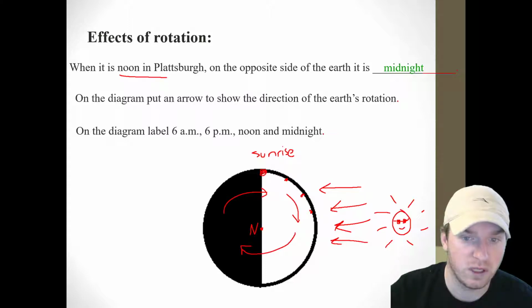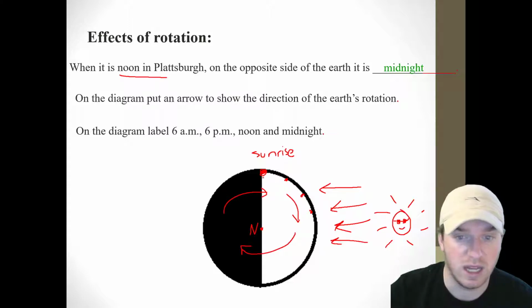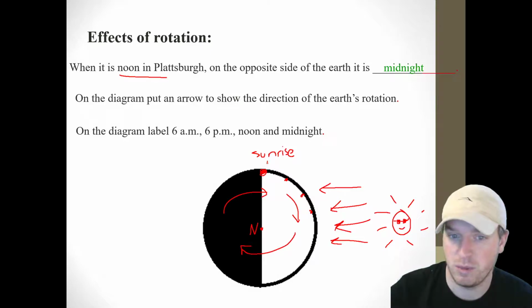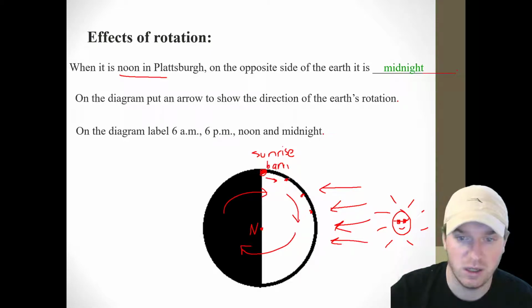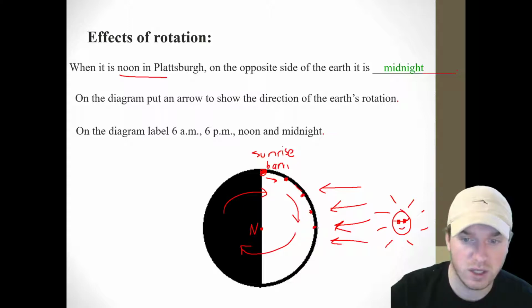Because it is the first instance where it's actually getting hit by the light. So this would be your 6 a.m. And as it moves here, it's going to be more and more direct sunlight until eventually the sun will be almost above your heads. Which, if that sun is above your heads, what does that mean? This is our noon.